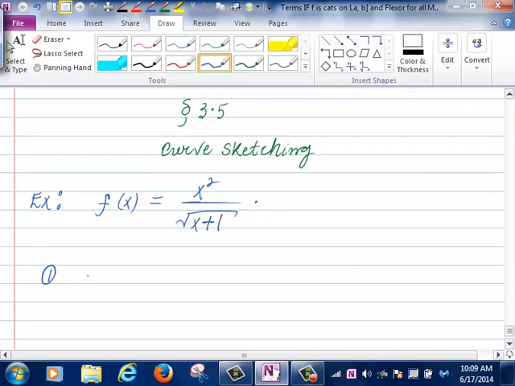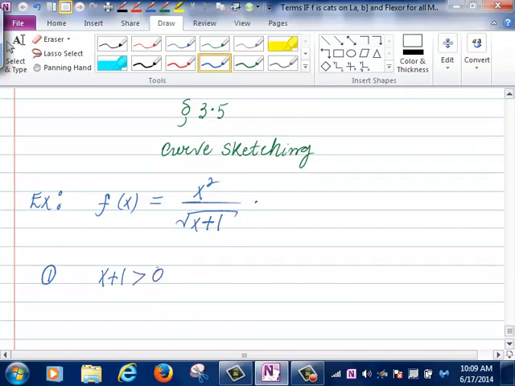Yeah, so notice that I have the root of x plus 1 in the denominator, right? Now first of all, because I have x plus 1 in the denominator, I need x plus 1 to be non-negative, right? But also I don't want it to be 0, because then I'll get a 0 in the denominator. So I want this x plus 1 to be strictly bigger than 0.